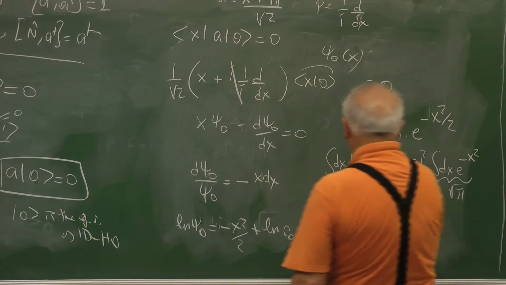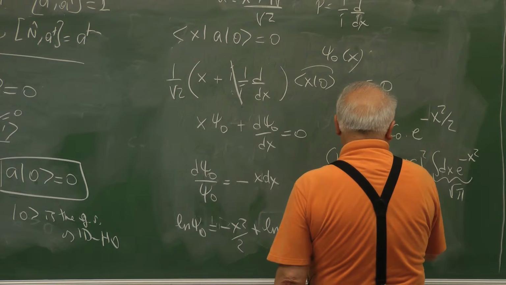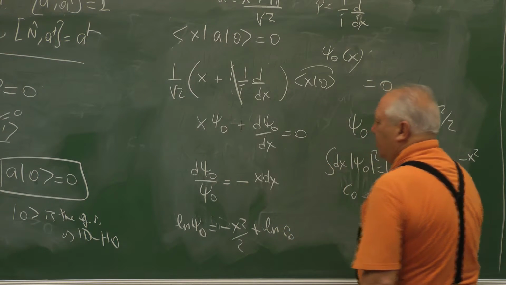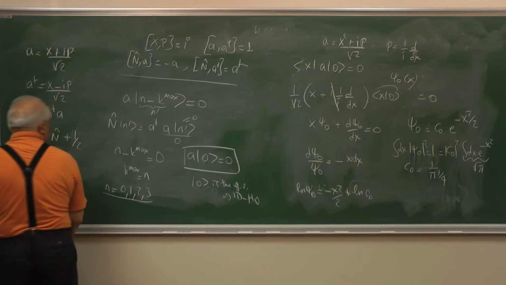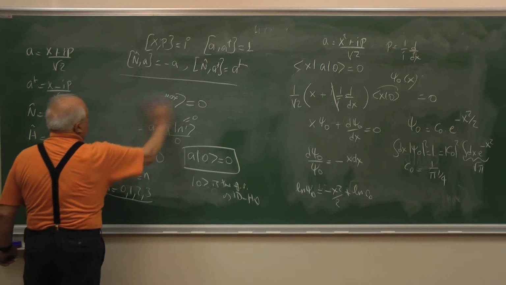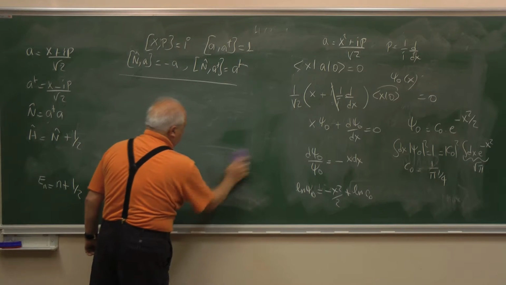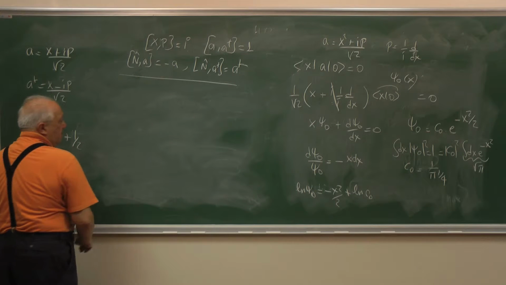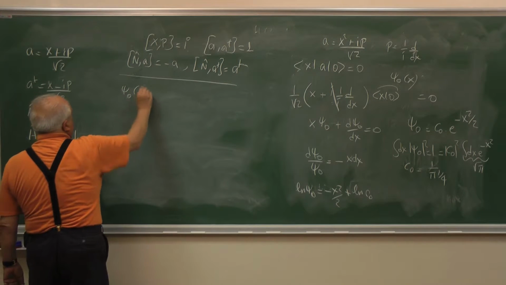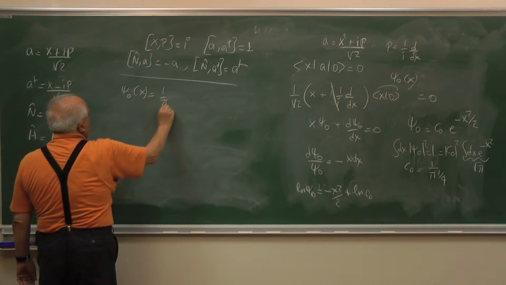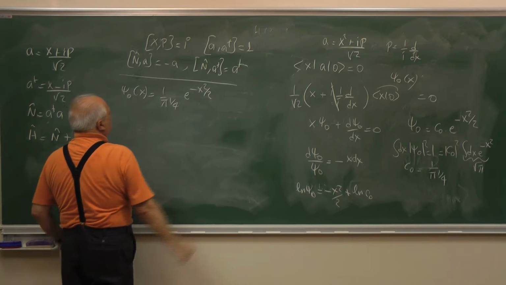So c0 is 1 over pi to the 1/4. So psi 0 of x is equal to 1 over pi to the 1/4 e to the minus x squared over 2.